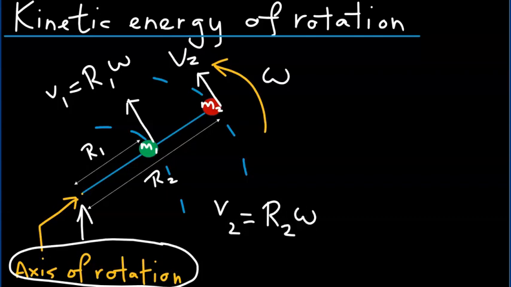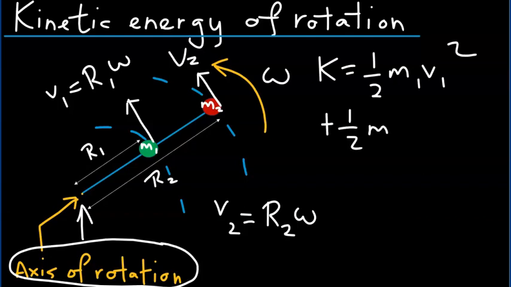So what is the kinetic energy of rotation for the system? The kinetic energy of rotation is given by half m1 v1 squared, the kinetic energy for mass 1, plus half m2 v2 squared. The sum of the two kinetic energies will be the kinetic energy of the system.